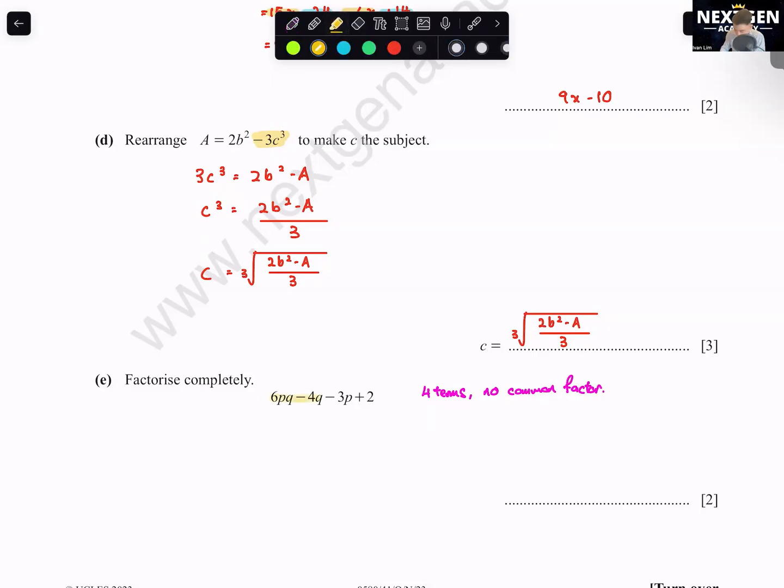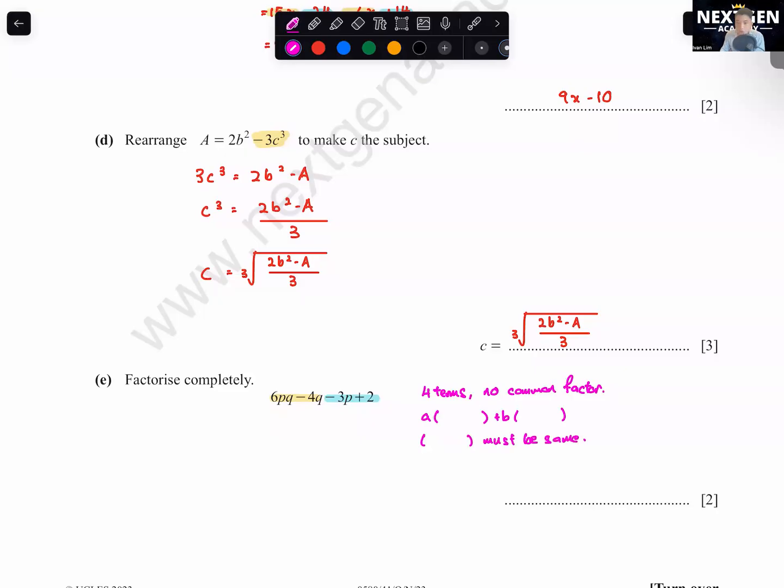So we put this as one pair, one pair. Our goal is to factorize out a value so that inside the bracket will be the same. So it's something like A bracket plus B bracket. We want to put it into this form: A bracket something plus B bracket something. Bracket must be same.